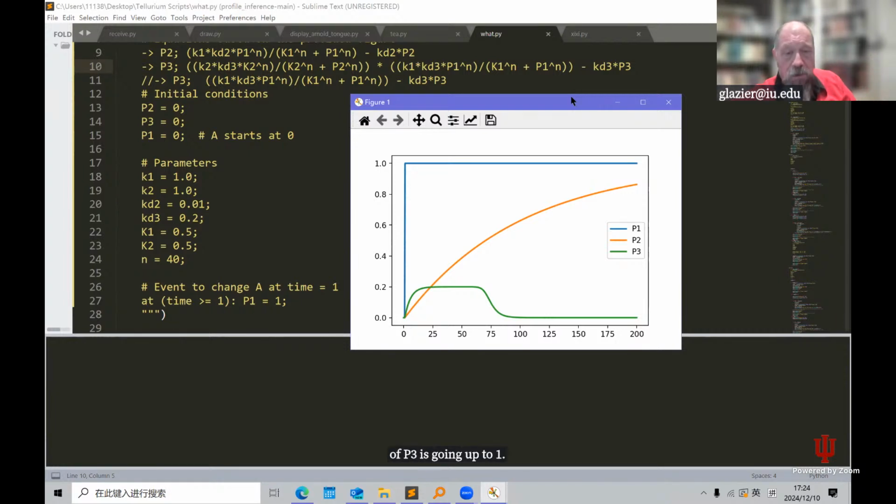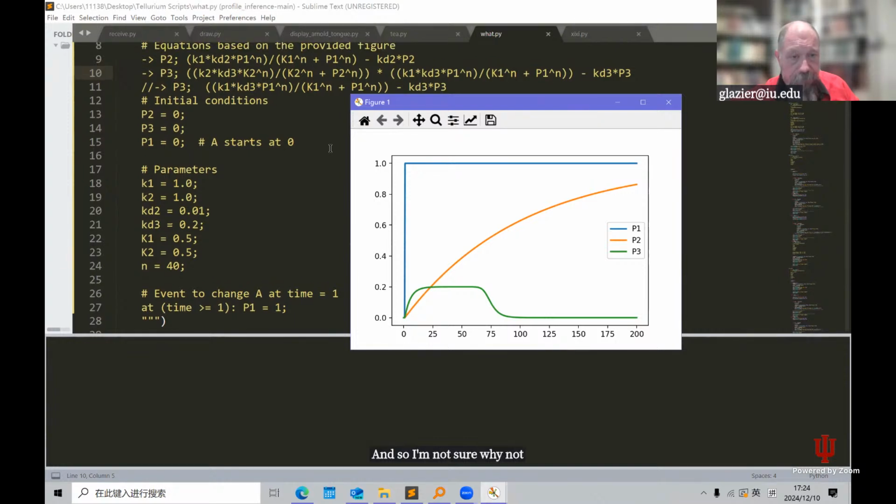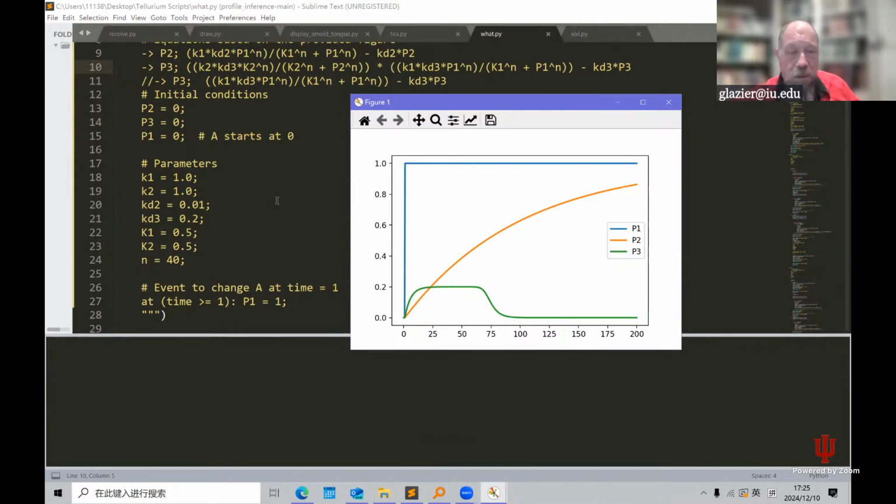And so I'm not sure why the value of P3 is not going up to 1.